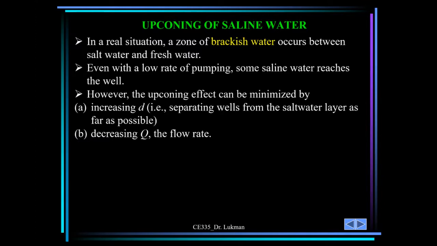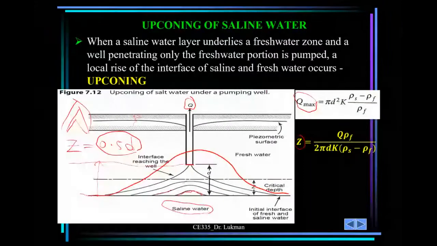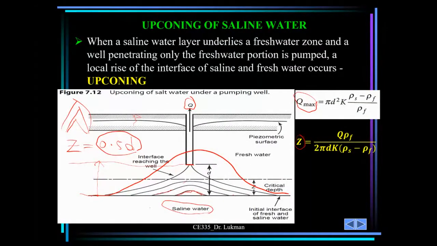However, the upconing effect can be minimized by decreasing D, that is separating wells from the saltwater layer as far as possible, and decreasing the flow rate. By decreasing D, meaning instead of digging deeper, you can dig your well to, let's say, somewhere here, as long as you are sure that you will have an adequate amount of water.